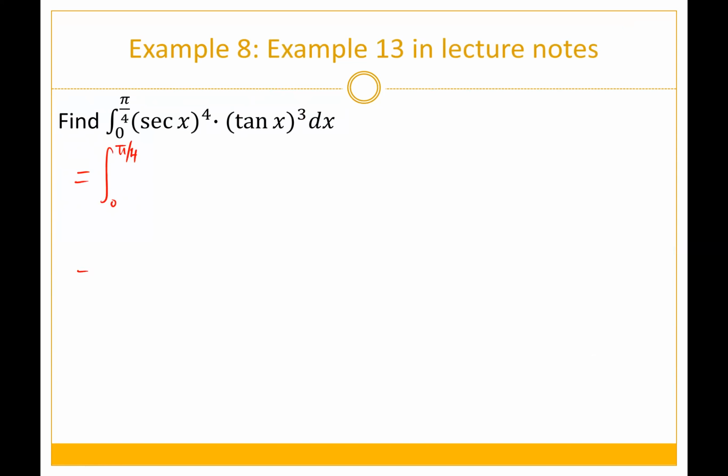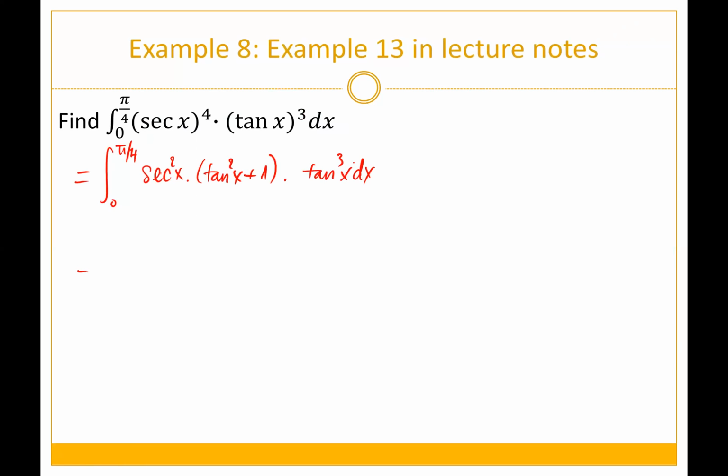So here you have, I'll rewrite secant fourth as secant squared x multiplied by tangent squared x plus 1, multiplied by tangent cubed x dx. Why do I do that?